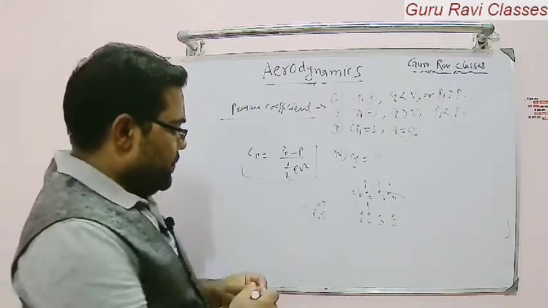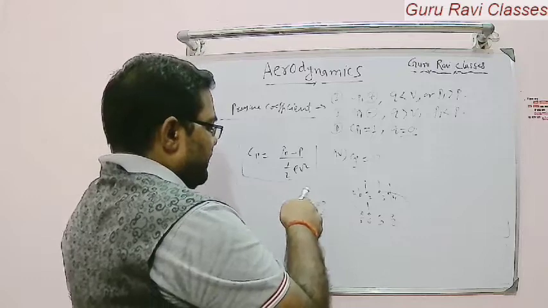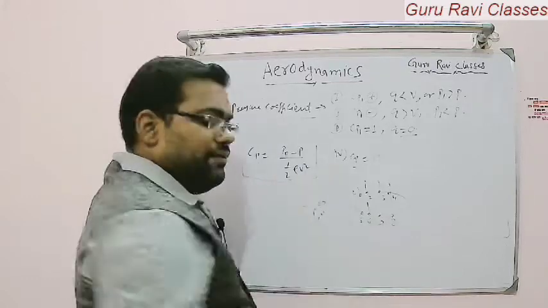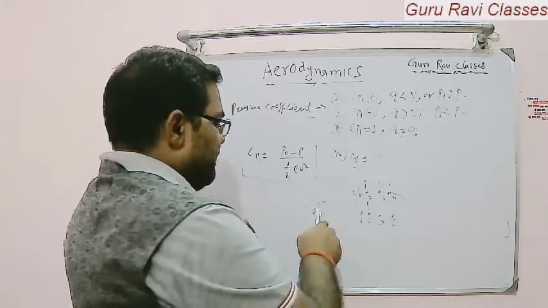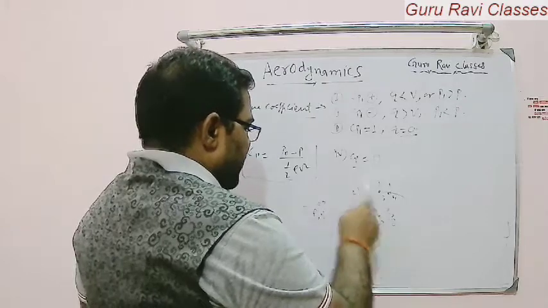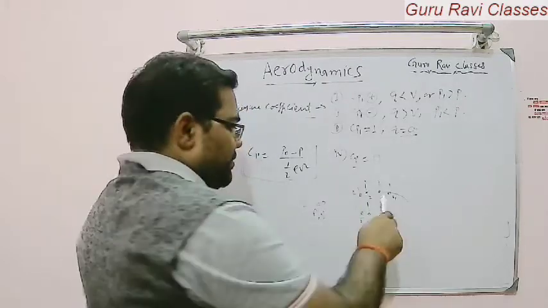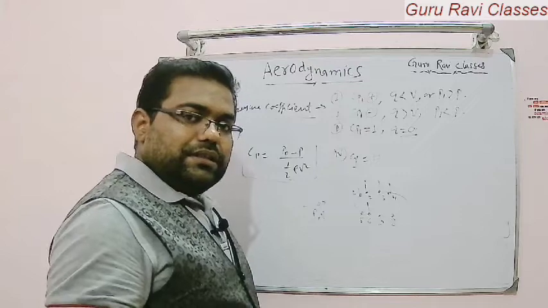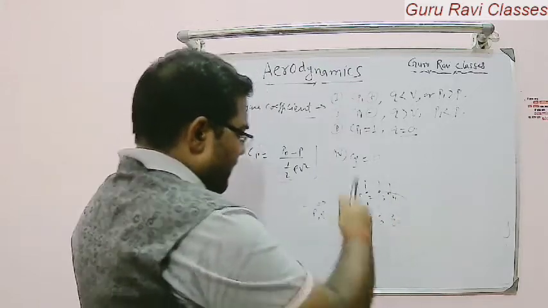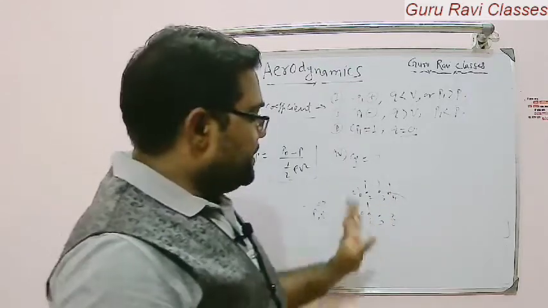So what I will do, I will apply the Bernoulli velocity equation between the free stream and point 1, and get Cp1. Then I will apply the equation similarly for point 2, and I will get Cp2. With respect to 3, I will find Cp3 and Cp4. Like that I will have n number of Cps, and those Cps can be plotted.